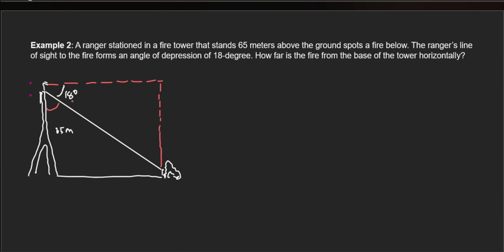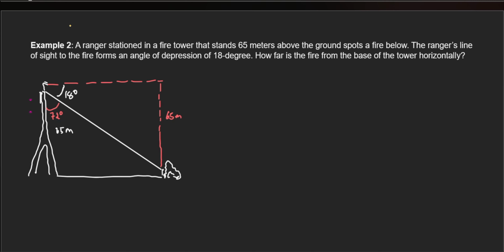So, that is equivalent to 72 degree. Okay, so this is 72 degree, and this is also 65 meter.